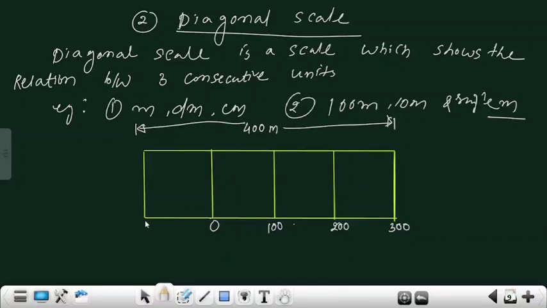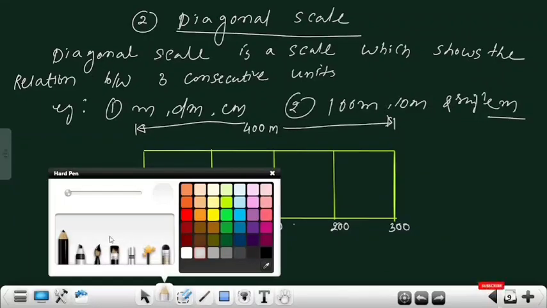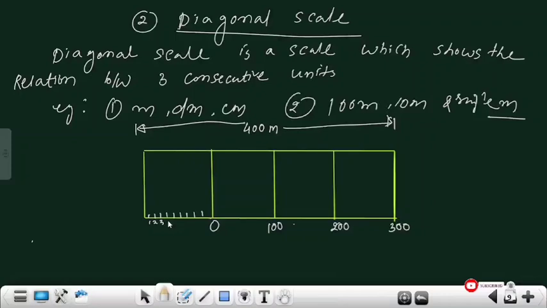So this portion to this portion we have to divide into 10 equal parts: 1, 2, 3, 4, 5, 6, 7, 8, 9, 10.